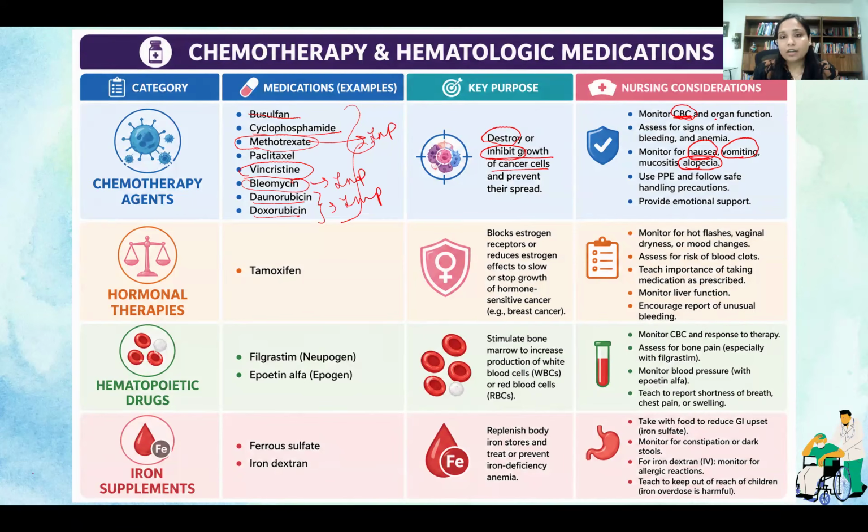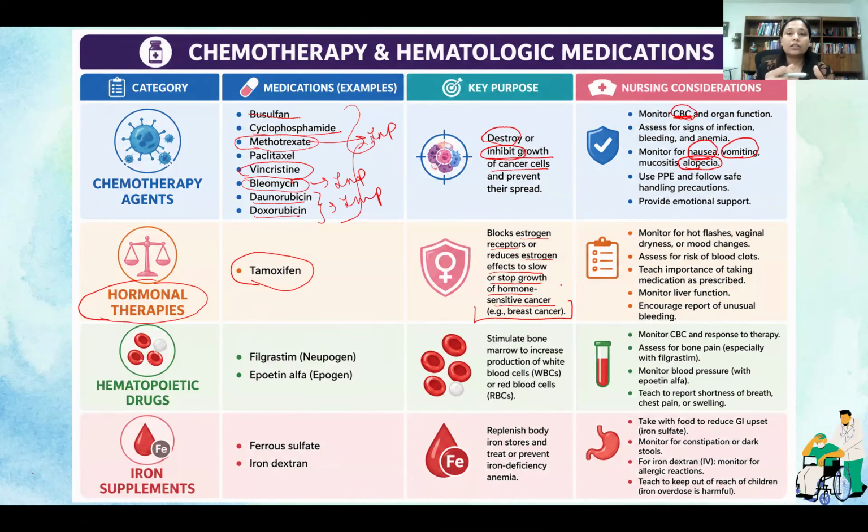Another group that we can use is hormonal therapies, for hormone-related cancers. One of the most important medications is tamoxifen. Tamoxifen blocks the estrogen receptor and reduces the estrogen effects to slow or stop the growth of hormone-sensitive cancer, for example breast cancer.